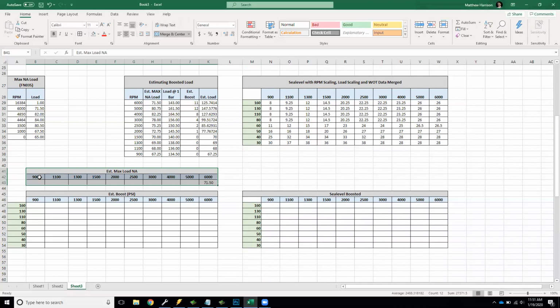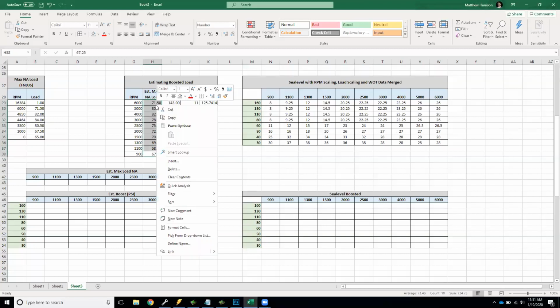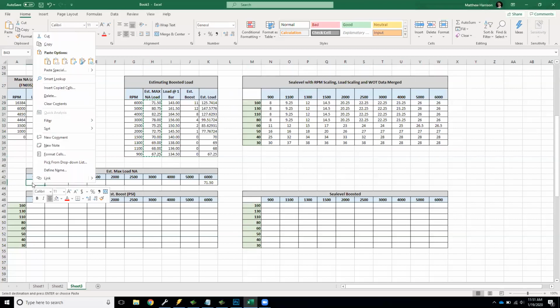But again, these are the same RPMs that we're working with. And I want to write in what we've already calculated, all of these numbers here, which was the maximum load we're able to achieve at these RPMs all the way through the range. So I believe I'm going to try to pull this off. I think I can copy this, and then I can transpose this.